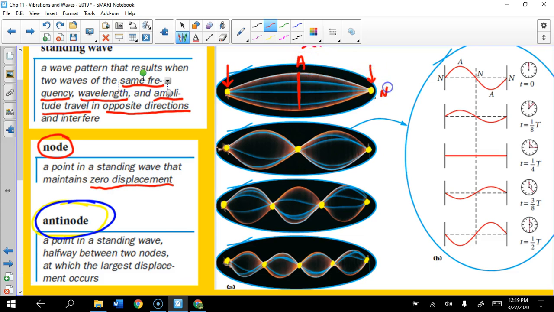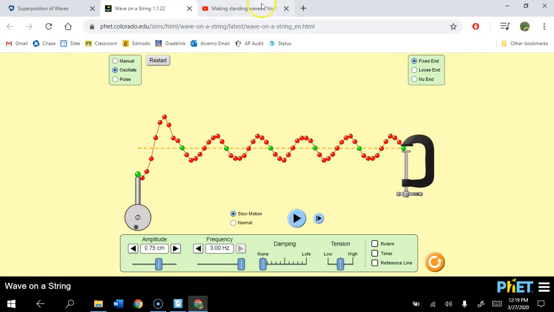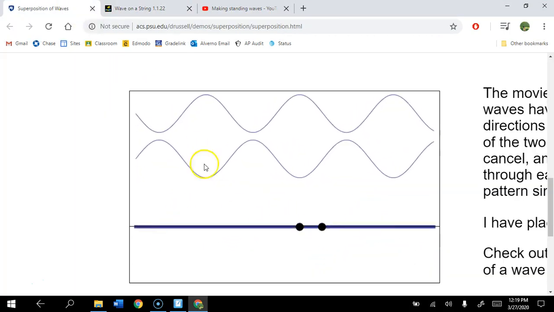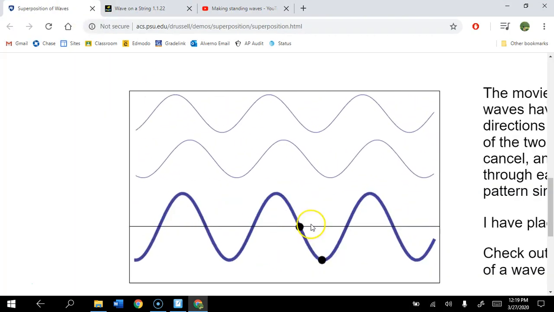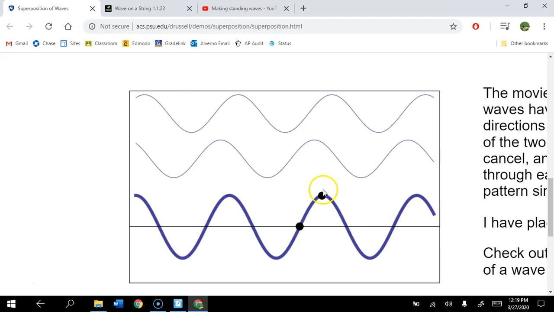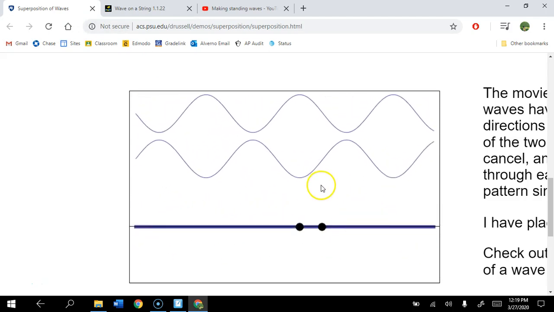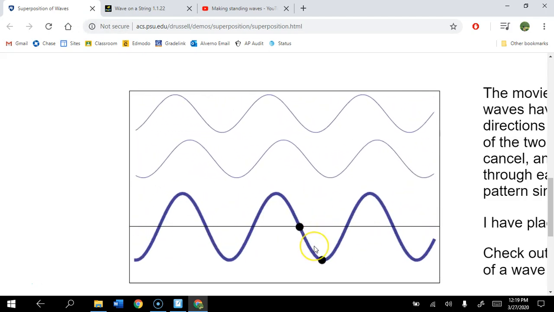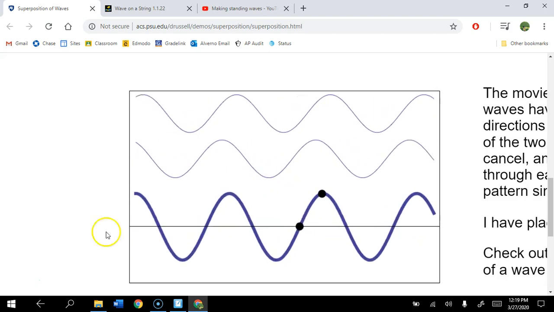We normally call the nodes N, and we call the antinode the letter A. Just as the node was not going anywhere, stuck exactly where it's supposed to be, an antinode is the thing that's traveling the highest and the lowest. In this situation, this second dot that you keep looking at going back and forth, that's the antinode. It goes to the highest and it goes to the lowest.